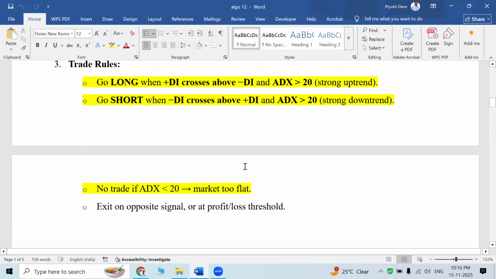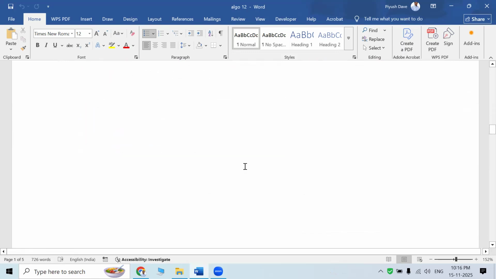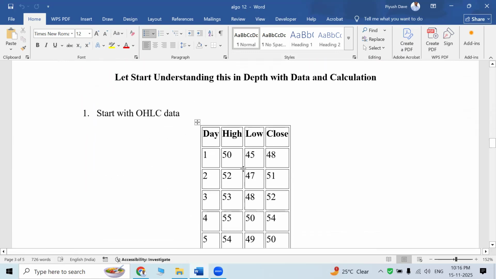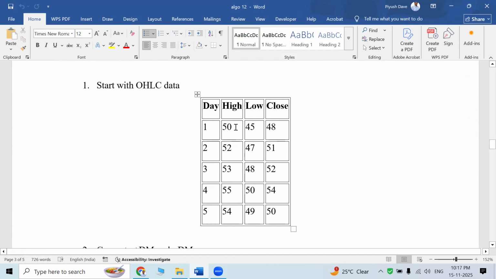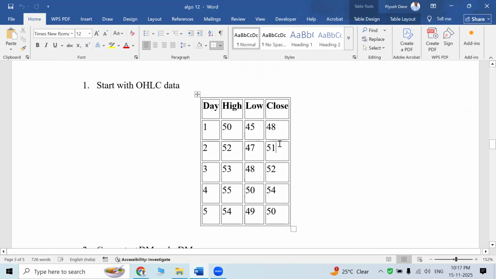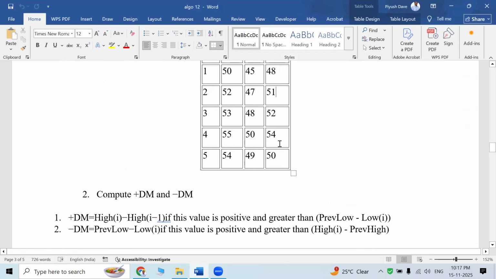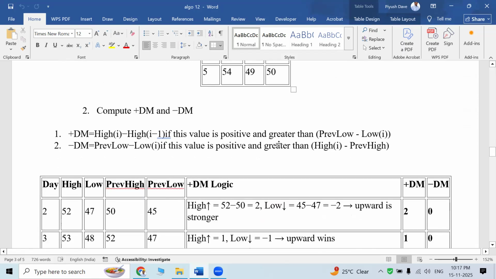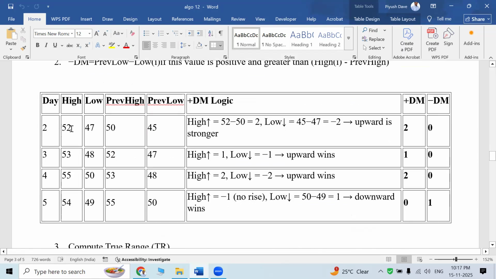Now with an example, I'm going to explain how plus DI and minus DI are calculated. Let's consider this is day number 1, and we have high, low and close values. Again, day number 2, we have high, low and close values. From this, first we calculate plus DM. Let me show you the table.